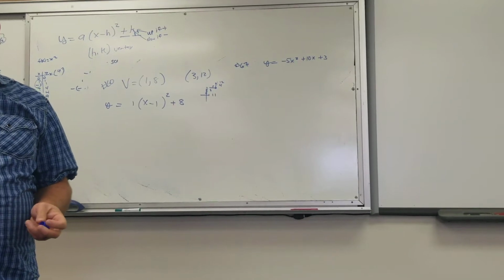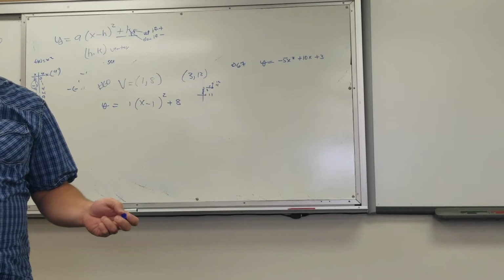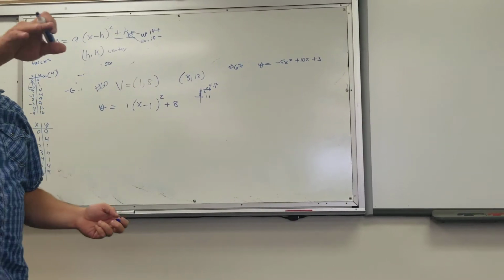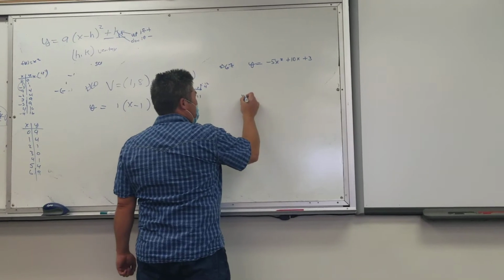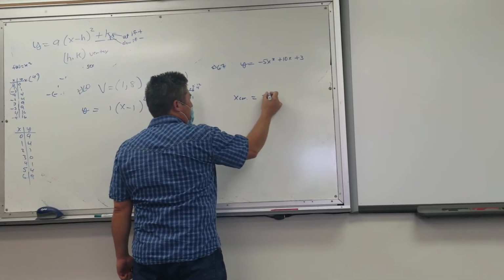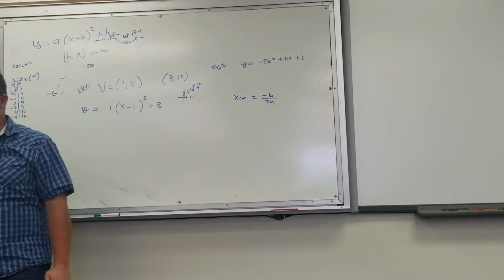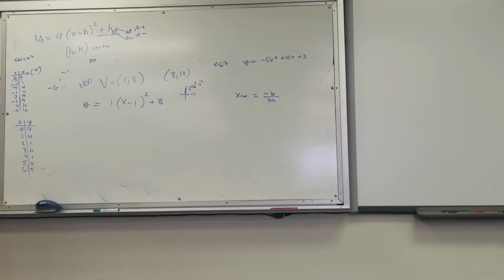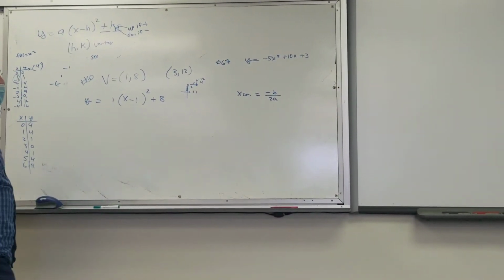What's the x-coordinate of the vertex? The x-coordinate of the vertex is equal to negative b over 2a. That's so important because that helps you find the x-coordinate. The y-coordinate, you plug that in and we'll find the y.